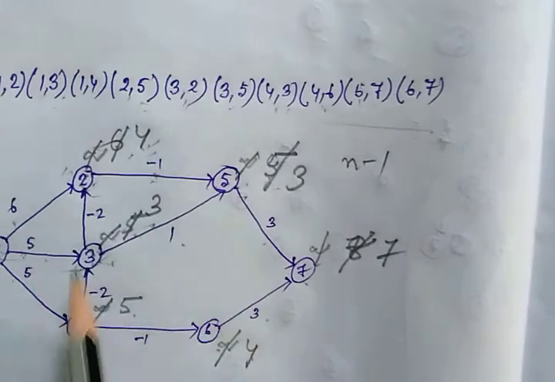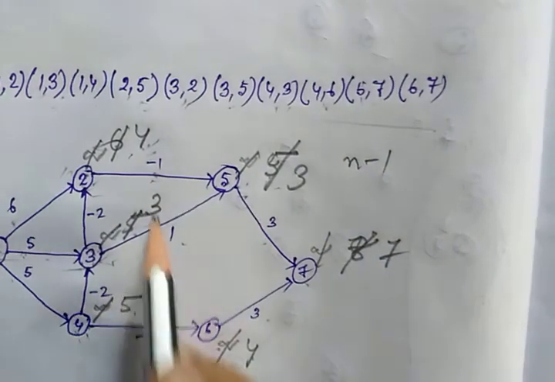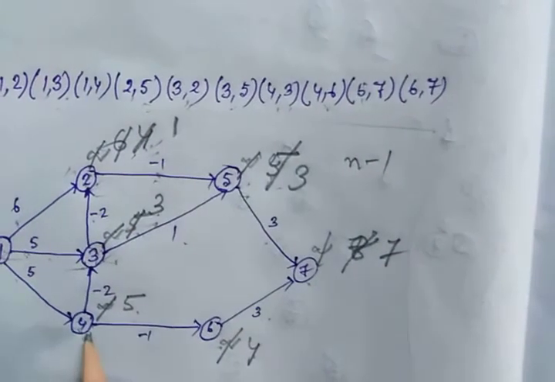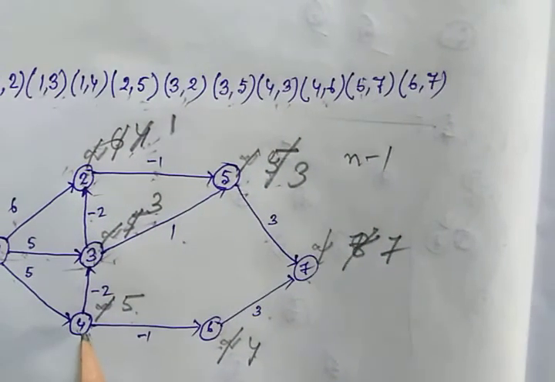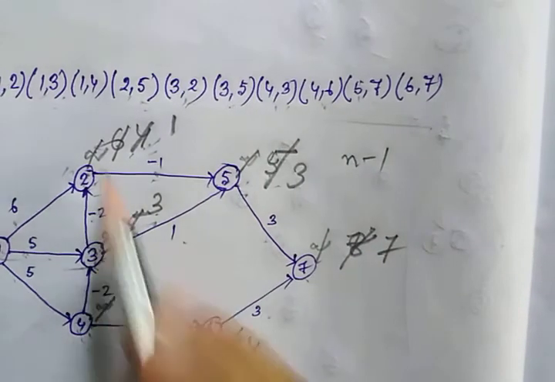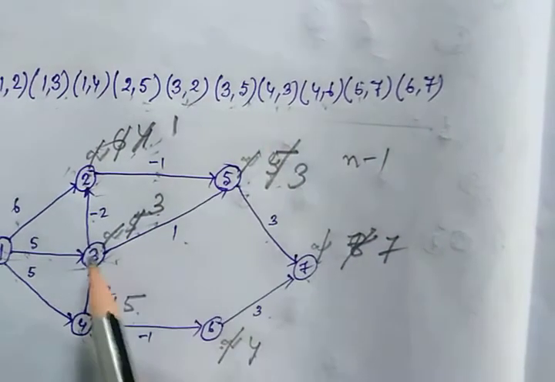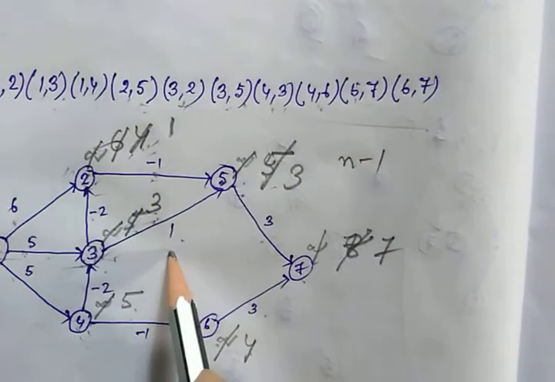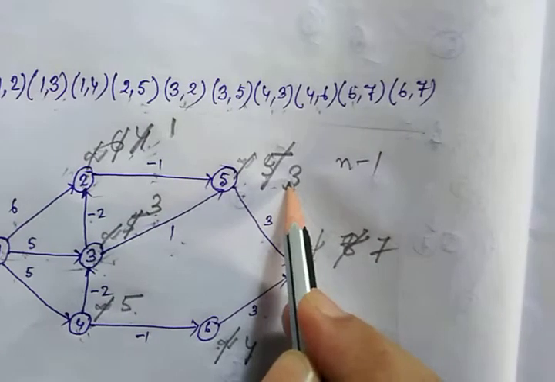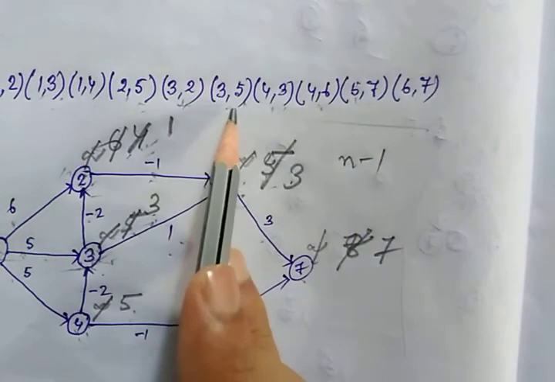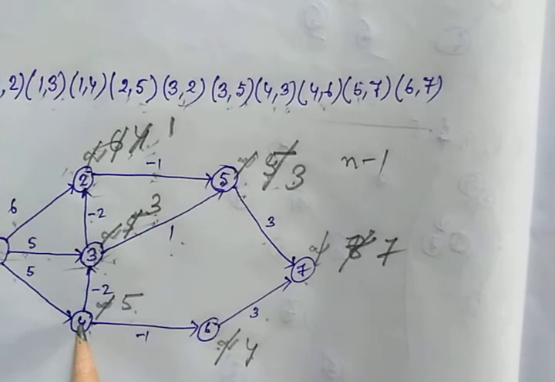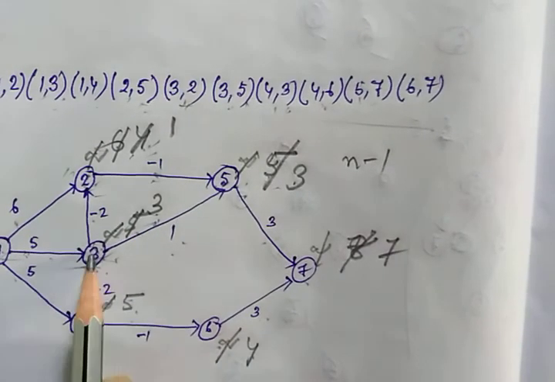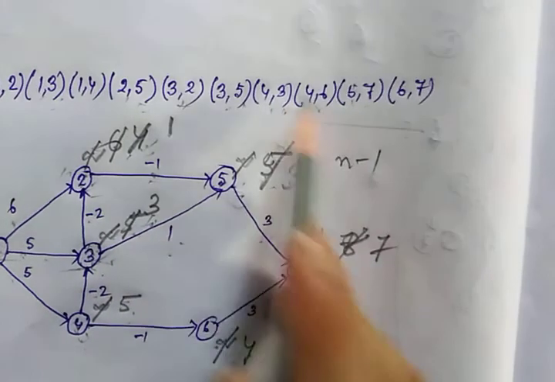Then 3 to 2: 3 minus 2, that is 1. Next is 3 to 5: 3 plus 1, 4, which is greater than 3, so you need not put it. Then 4 to 3: 5 minus 2 is 3, and previously it was 3, so no change.